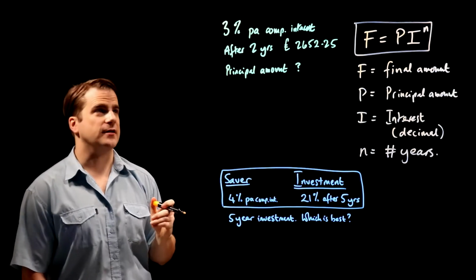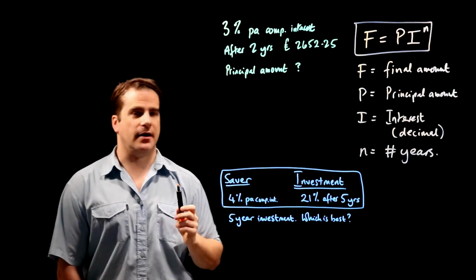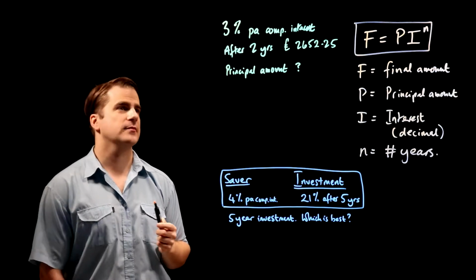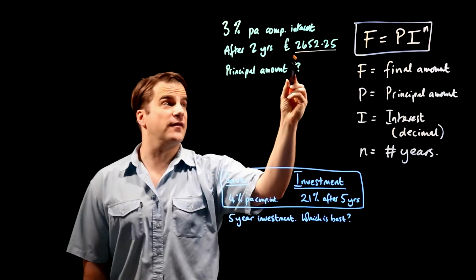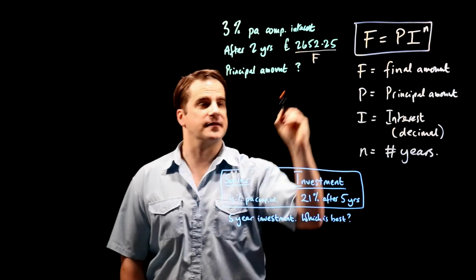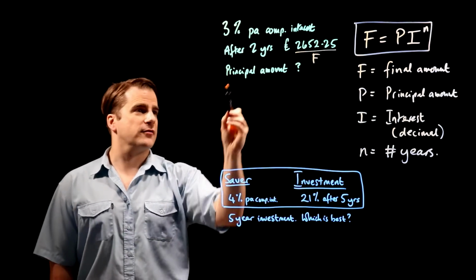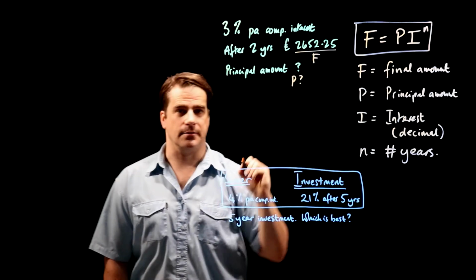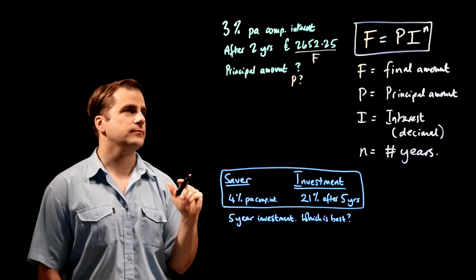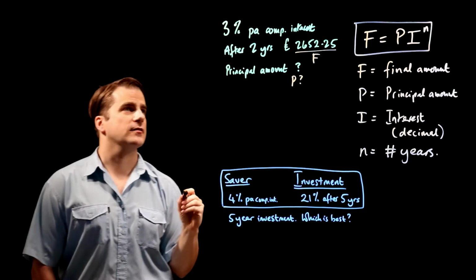Right, first question. We have 3% per annum compound interest. After 2 years, the value is that. So that's the final value. That's F. And we have to find the principal amount. So we have to find P. 3% compound interest.